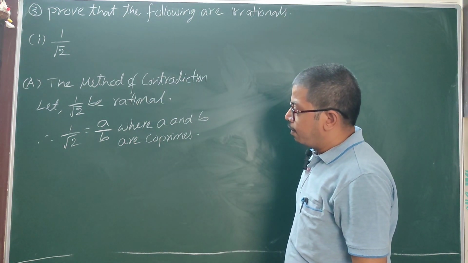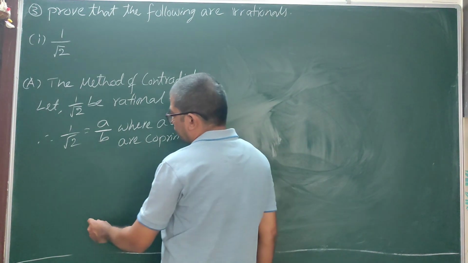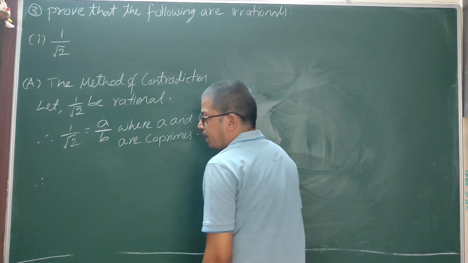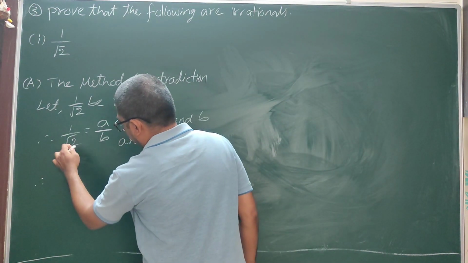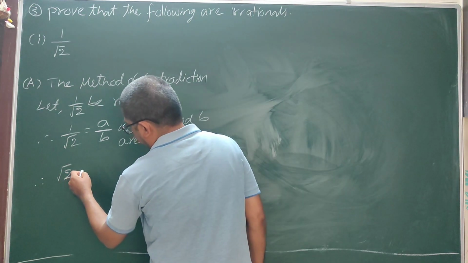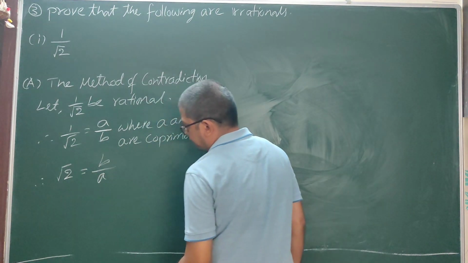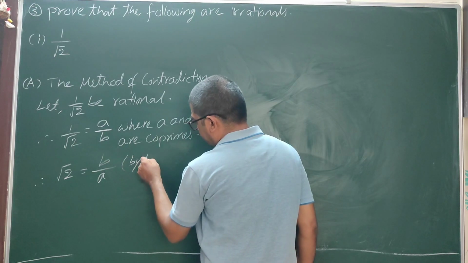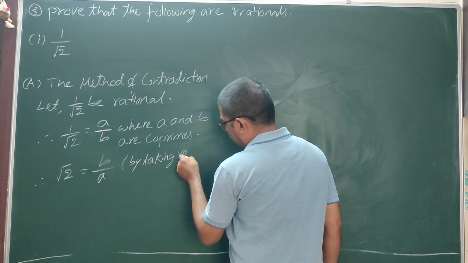So, here what to do? Just see here, by taking reciprocals. 1 by root 2 can be written as root 2 by 1 or root 2. Root 2 equal to b by a. It is written by taking reciprocals.